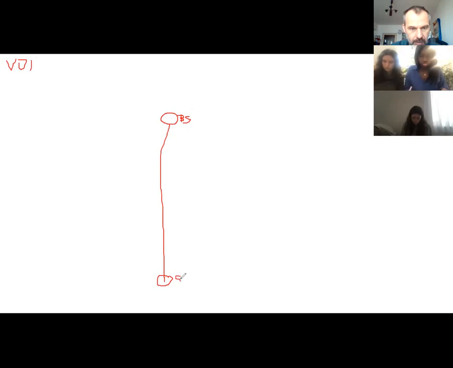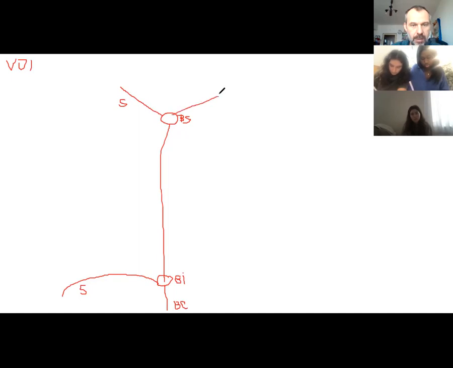And bulbus inferior, the subclavian vein, yeah, and of course the brachiocephalic. And it originates from sigmoid and from inferior petrosal sinus, yeah, and here we have the cavernous sinus.